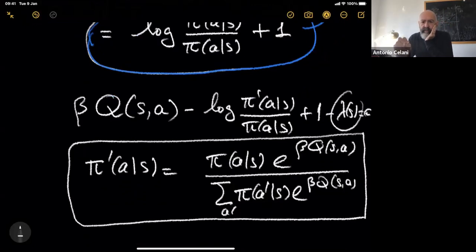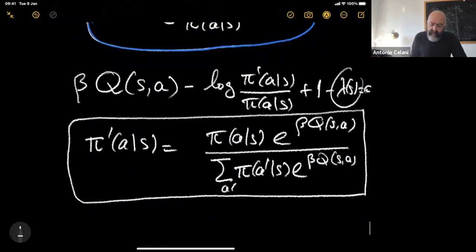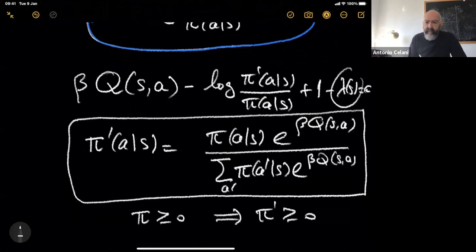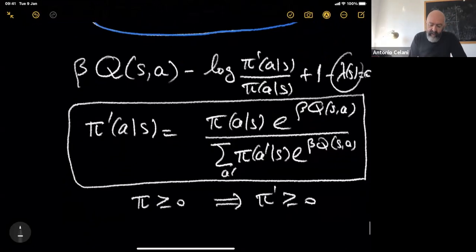So before we discuss this result, let's make a few remarks. First remark is that if pi is positive, as it should be, then also pi prime is positive, and pi prime is normalized.